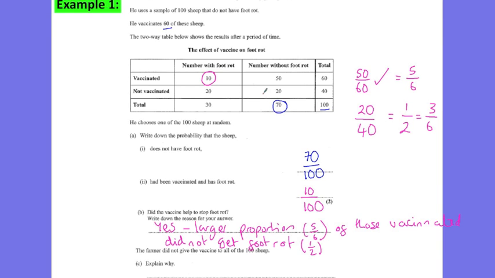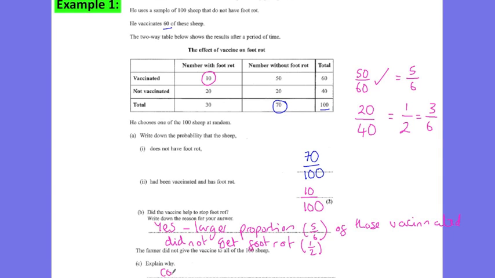The farmer did not give the vaccine to all of the 100 sheep. Explain why. If the farmer had given all the sheep the vaccine, he would have not been able to tell whether the vaccine was working or not. So, why?